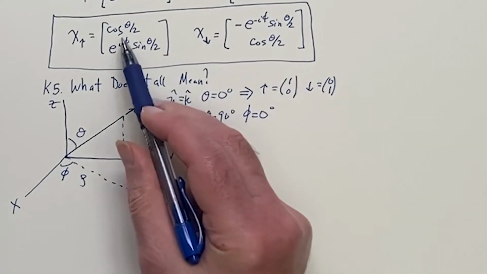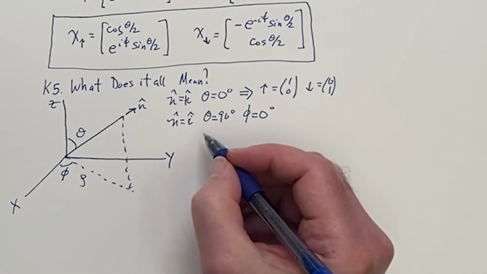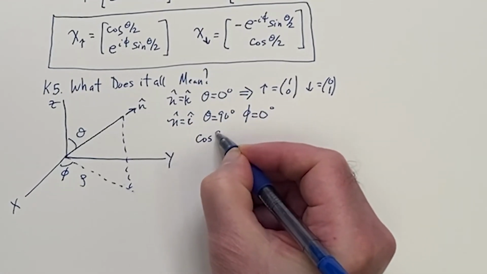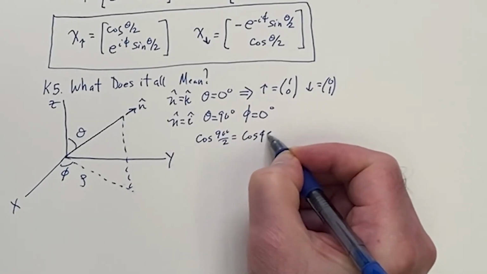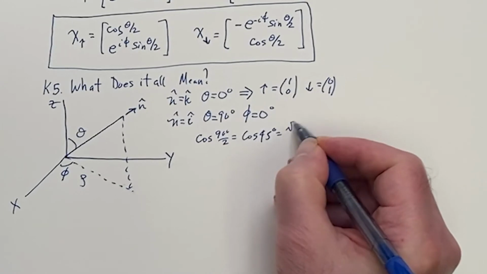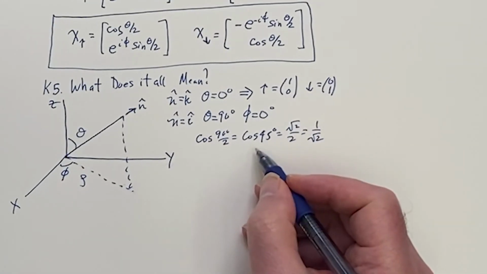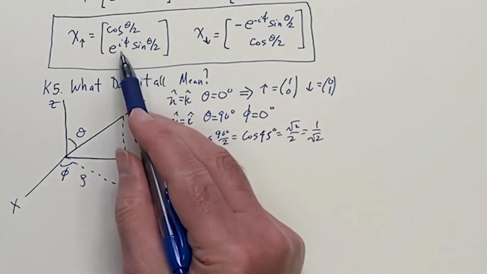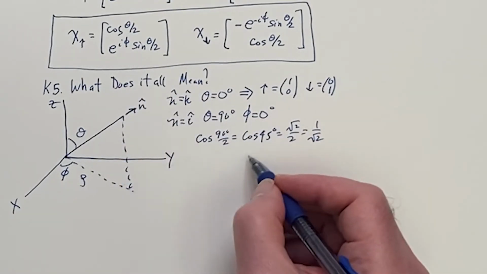And then this would be, say, 90. You're going to have cosine 90 over 2, which is the cosine of 45, which is radical 2 over 2, which is 1 over radical 2. And then this e to the 0 is a 1, and that's the sine.